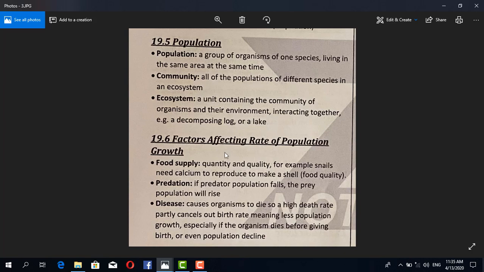The factors that affect the rate of population growth. If I want to talk about any country and the rate of population, does it increase, does it decrease, what happens there?